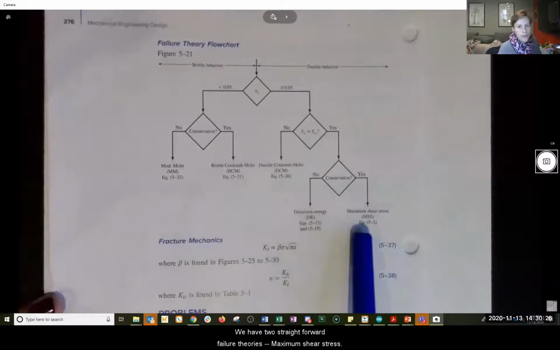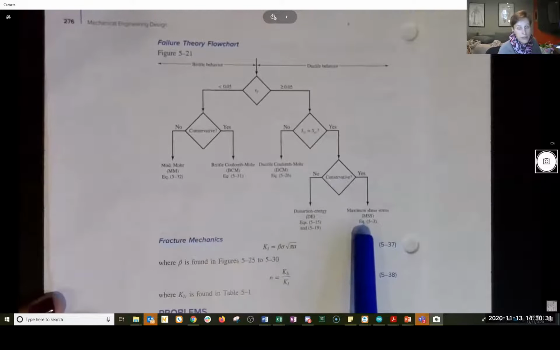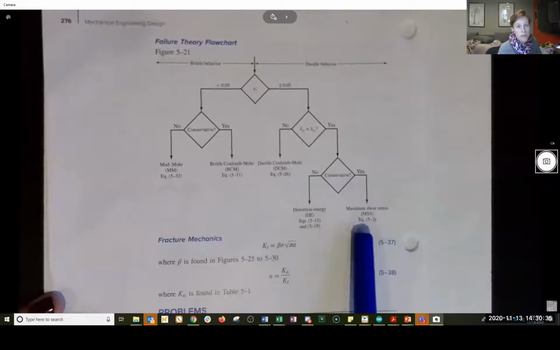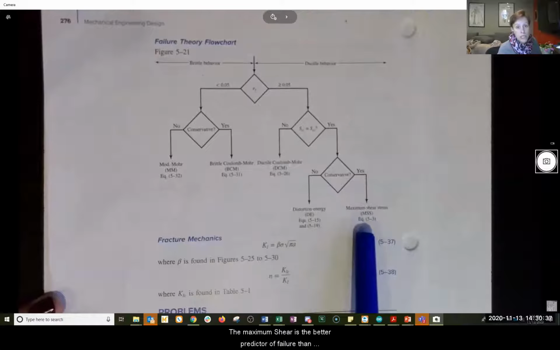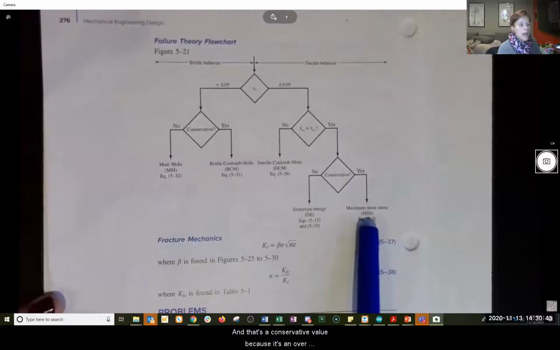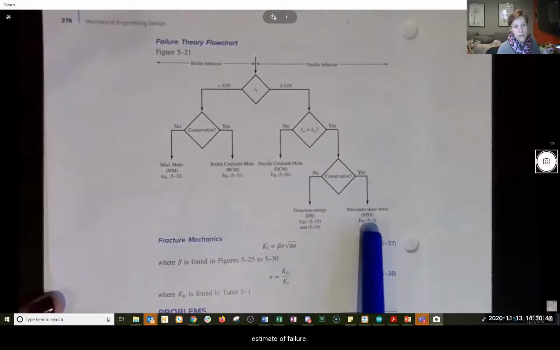But for those materials that have similar tension and compression strengths, we have two straightforward failure theories. One is maximum shear stress, which is the theory that the maximum shear is the better predictor of failure than maximum normal stress. And that's a conservative value because it overestimates the likelihood to fail.